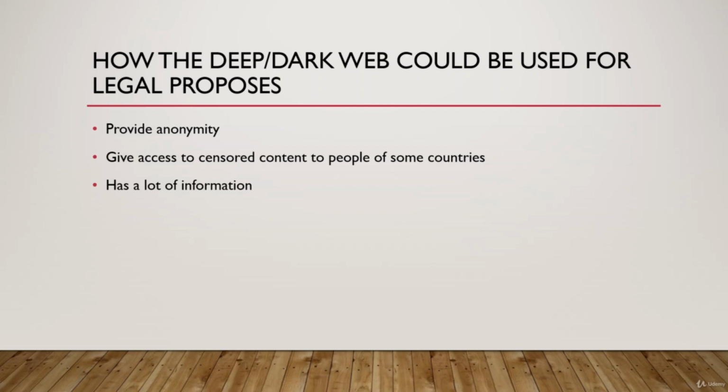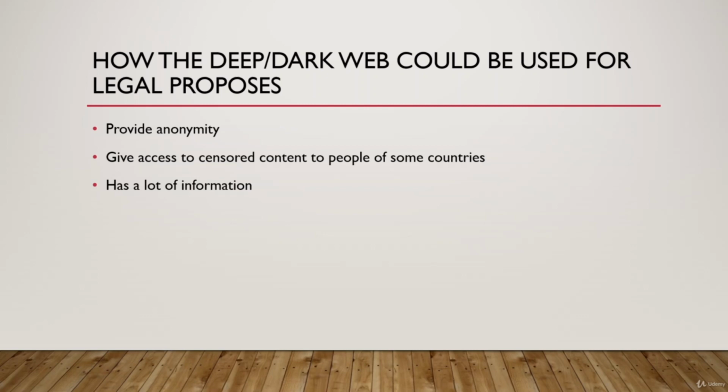It provides anonymity. Of course, the reason a lot of people are so scared of the deep web or the dark web is that they're used to safe places. For example, Google or any other browser, Internet Explorer or Mozilla, are safe places. Websites that you can find there are safe websites, and usually you don't expect to see the stuff that you can see on the deep web, because people will not post this kind of stuff since they can get tracked.